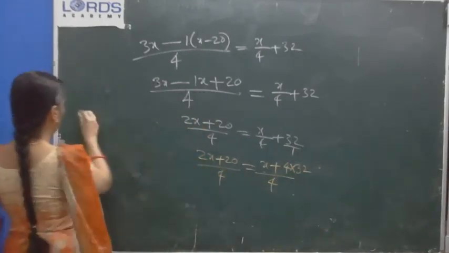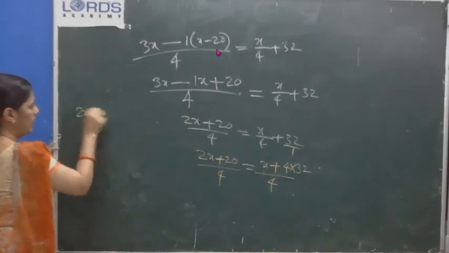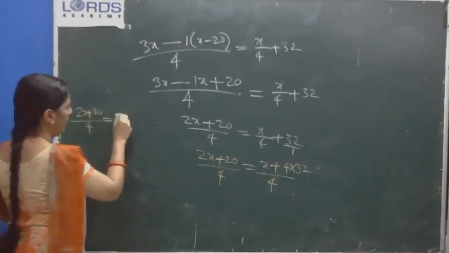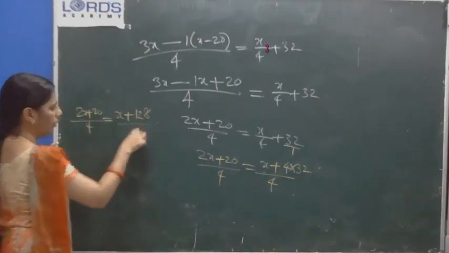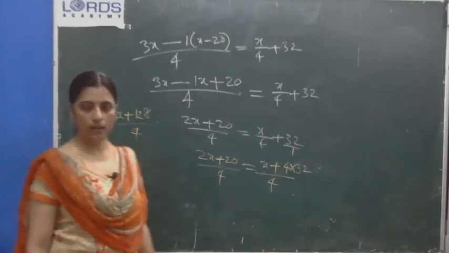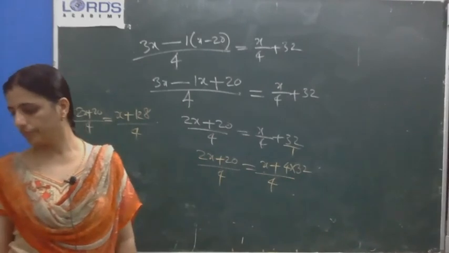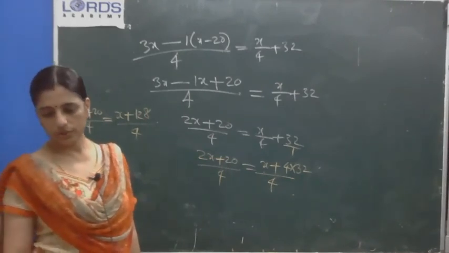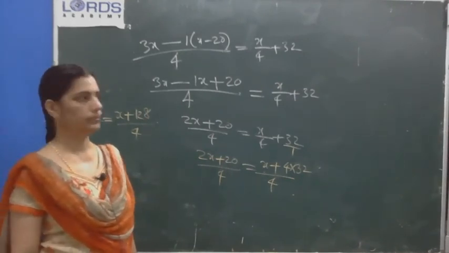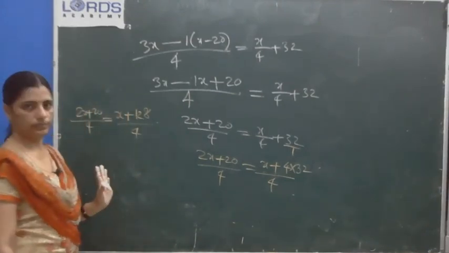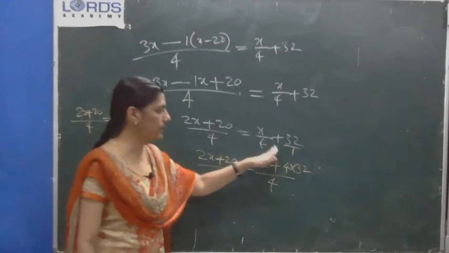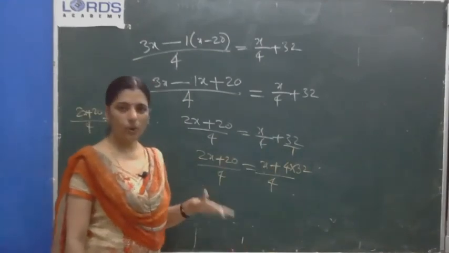Now next step, 2x plus 20 by 4 equal to x plus 128 by 4. This much okay? Somebody switch on the mic. This much okay. Right side also we took the LCM. 4 is the LCM. Slowly we did.